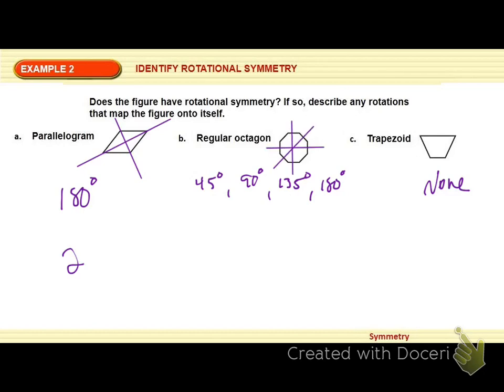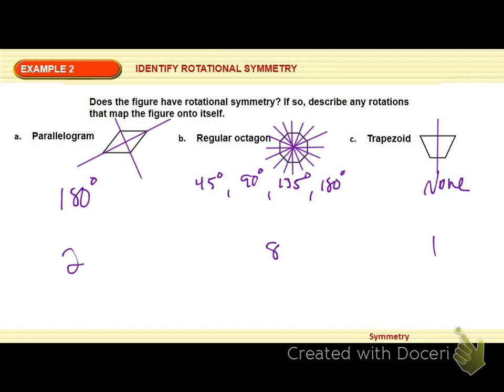We can go through the opposite sides. We can go through all of the vertices, so the diagonals. So believe it or not, this guy's got 8. And the trapezoid does have one line of symmetry, even though it doesn't have rotational symmetry.